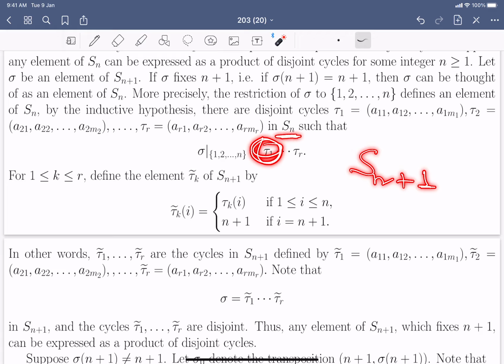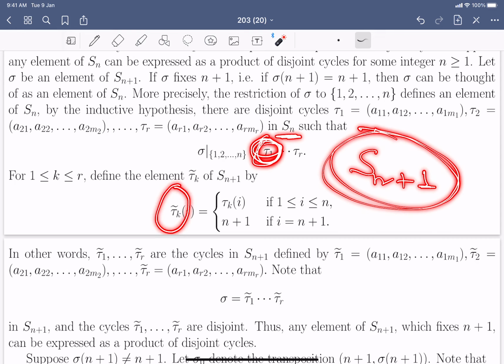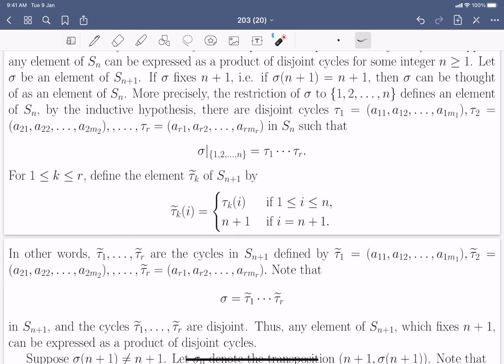So to extend them, to think of these tau i's as elements of Sn plus 1, we introduce these permutations tau k tilde inside Sn plus 1, and these tau k tildes behave the same as the tau k's on the integers between 1 up to n, and the permutation tau k tilde fixes n plus 1.